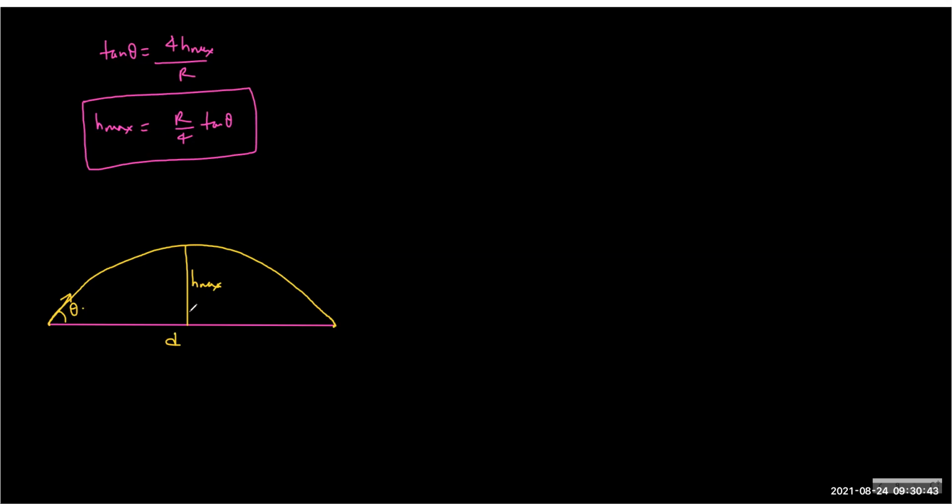Or imagine the situation is something else. There is a wall. Two friends are standing at the same distance from the wall. Let's say this is the wall and you are standing here and your friend is here, exactly the same distance d on either side.